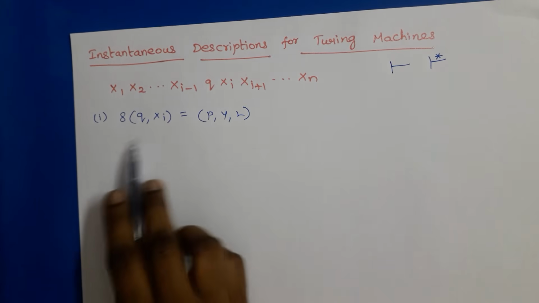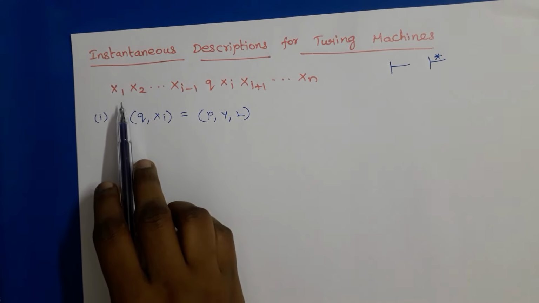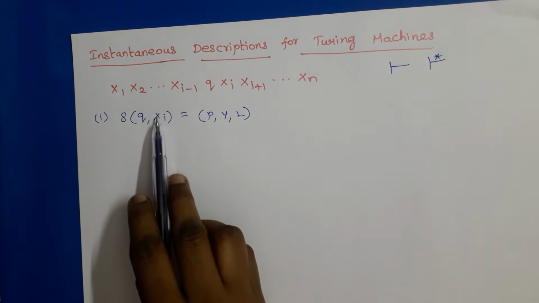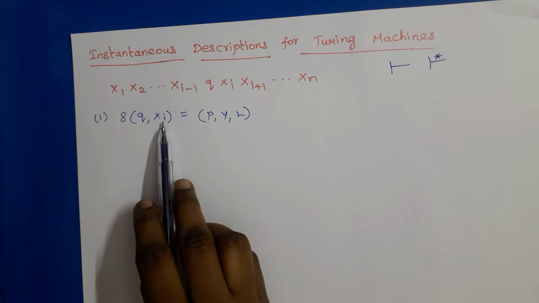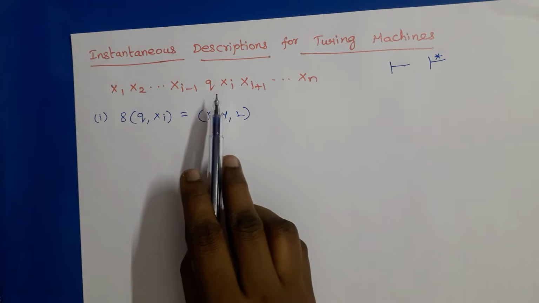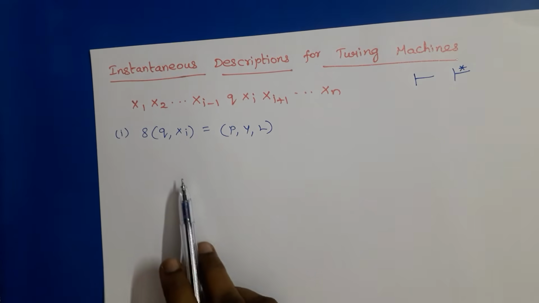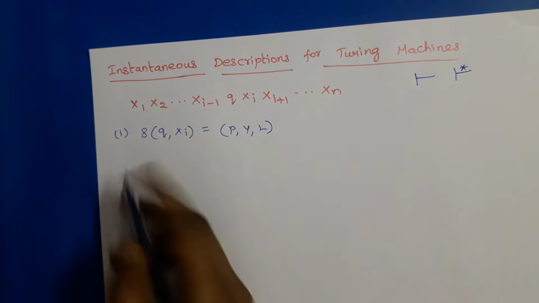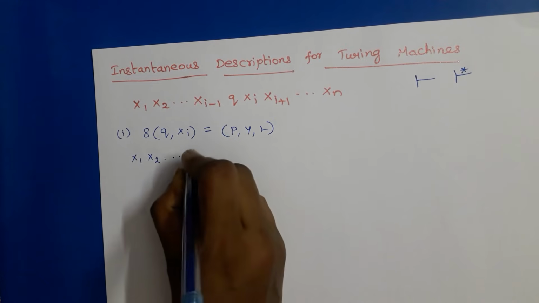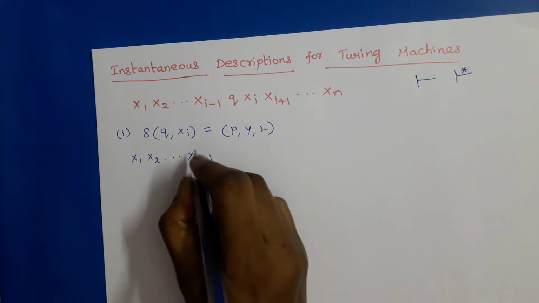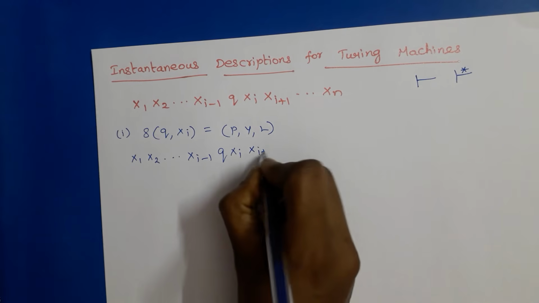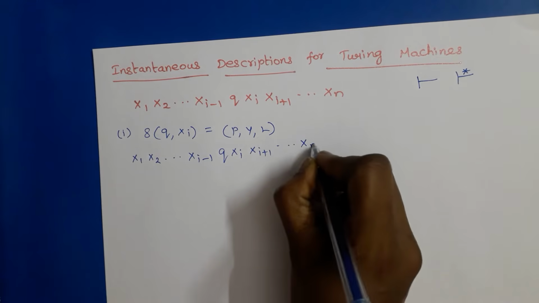If this is the case, if we are in the current state q and xi is the current tape symbol, this is the transition function. So what about the move in the instantaneous description? x1, x2, dot dot dot up to xi-1, q, xi, dot dot dot up to xn.